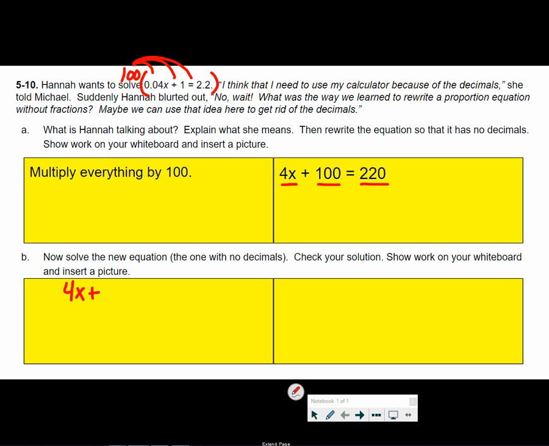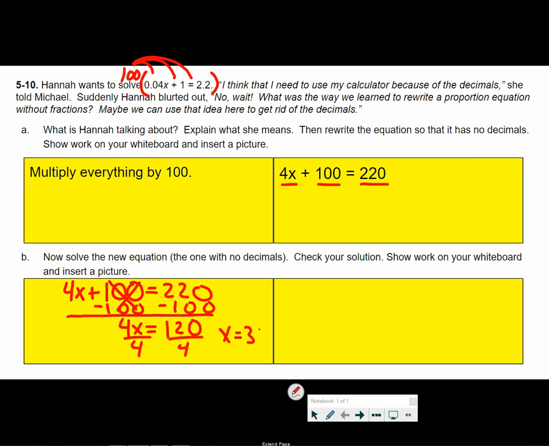So then in part B, it said solve this equation. So I get 4x equals 120, divided by 4. So I end up with x equals 30.